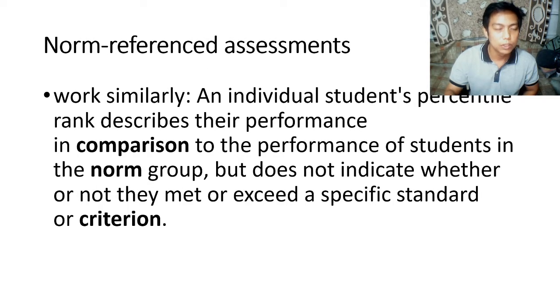The second is norm reference assessment or evaluation. It works similarly: an individual student's percentile rank describes their performance in comparison to the performance of students in the norm group, but does not indicate whether or not they met or exceeded a specific standard or criterion.